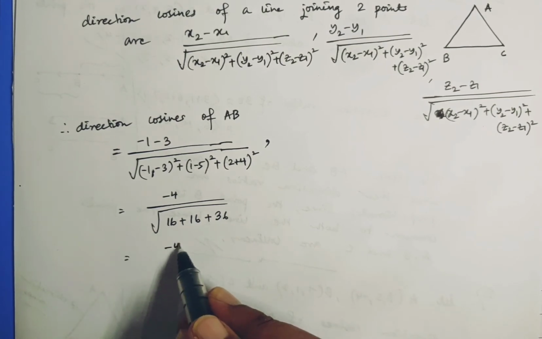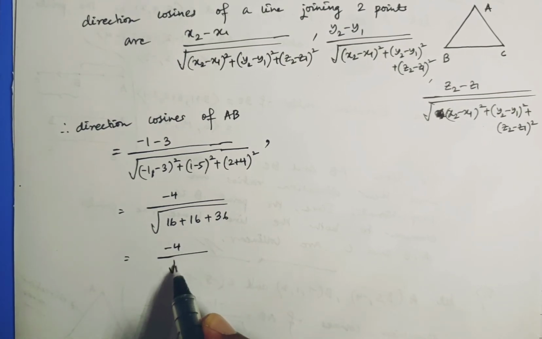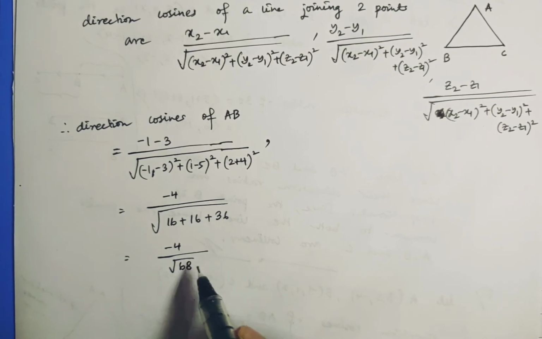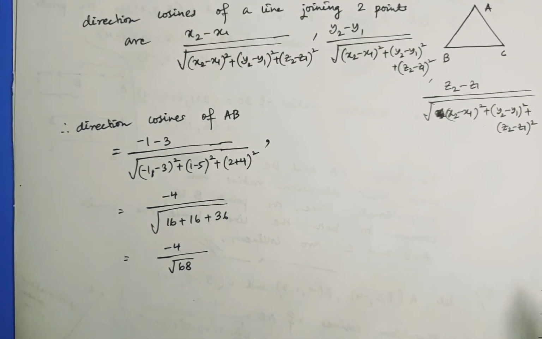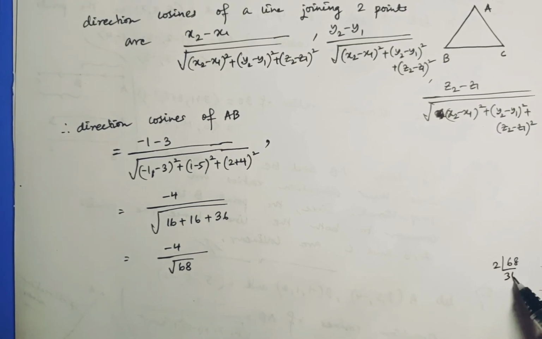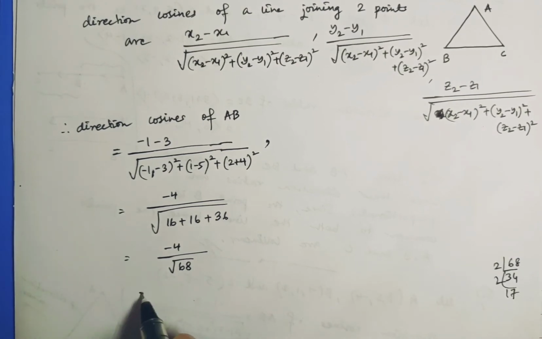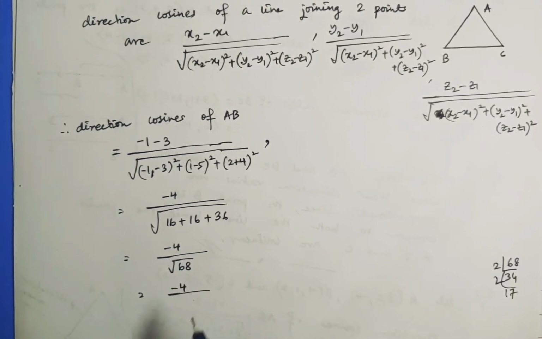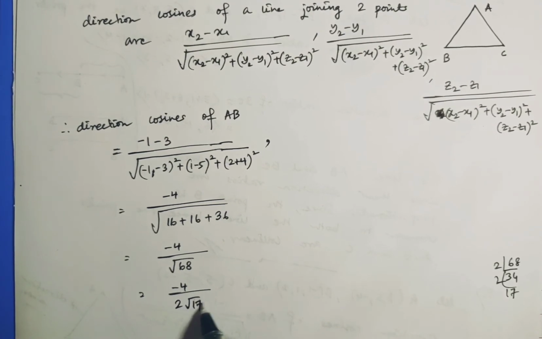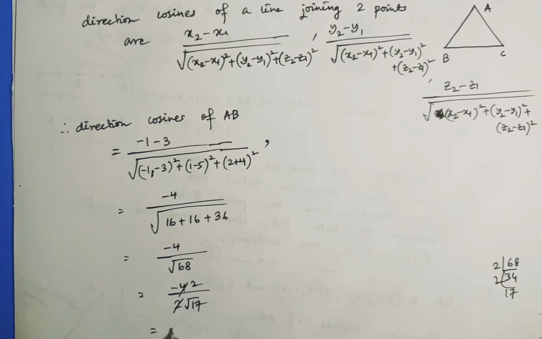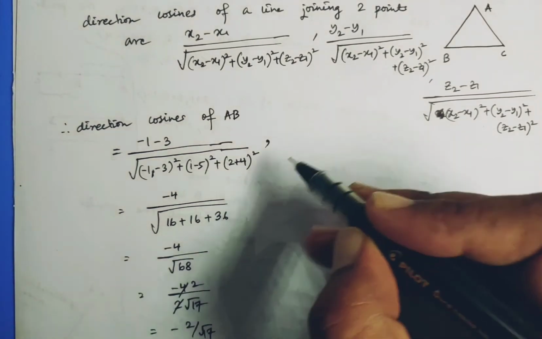This one is your minus 4 divided by root over of 68. And 68, if you do the LCM, I get 2, 34 and 2, 17. So we can take out 2 from here. So we get minus 4 divided by 2 root 17. So this is equal to minus 2 by root 17. Am I clear? So let's do the rest.